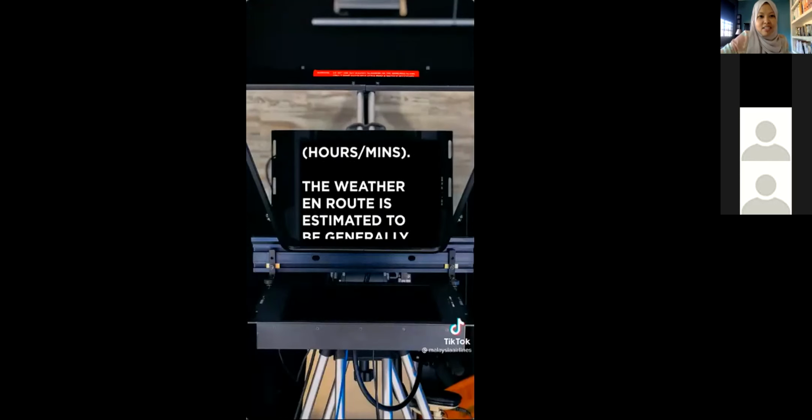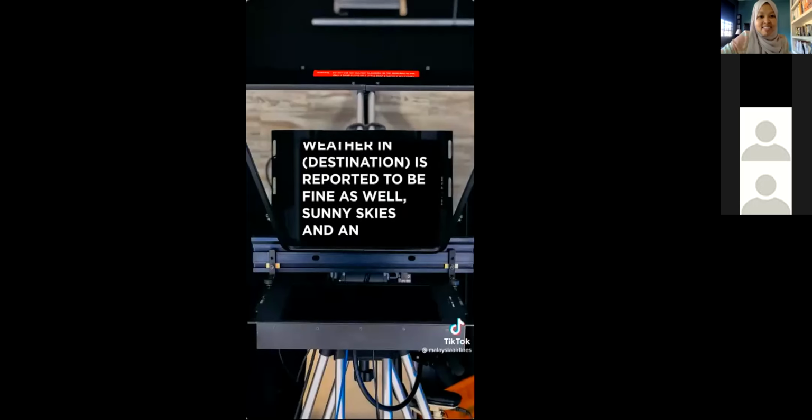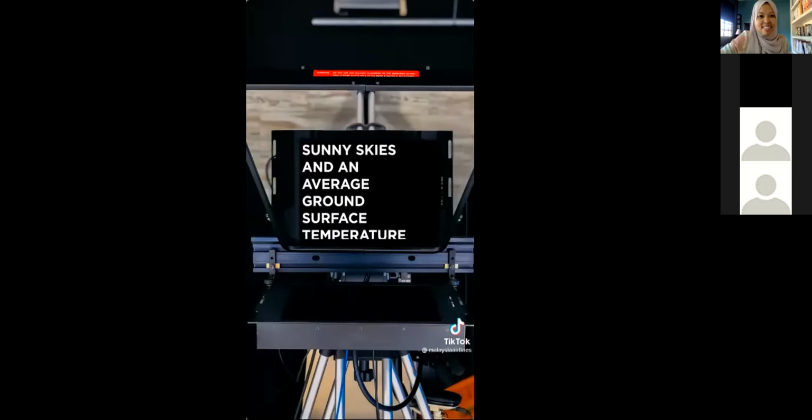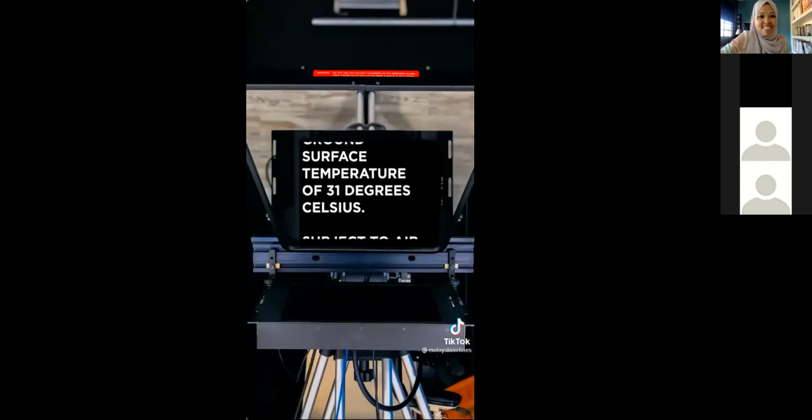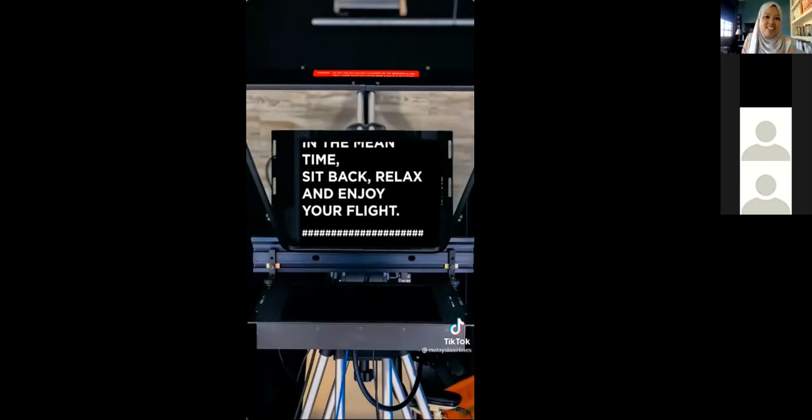The weather en route is estimated to be generally fine, with an average ground surface temperature of 31 degrees Celsius. Subject to air traffic control, we expect to touch down at Penang International Airport at 5 minutes past 12. In the meantime, sit back, relax, and enjoy your flight. Thank you.